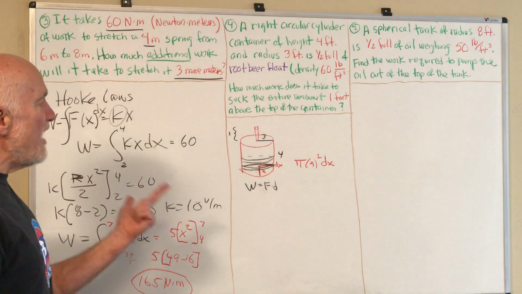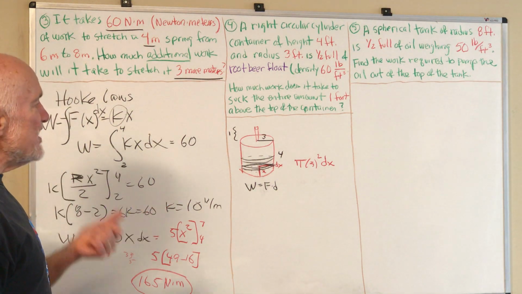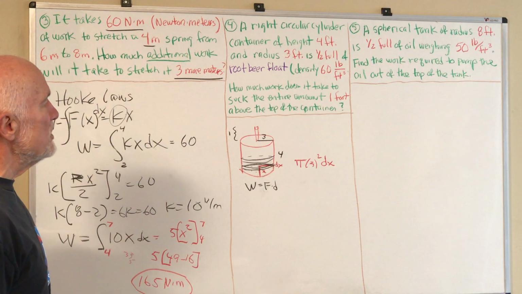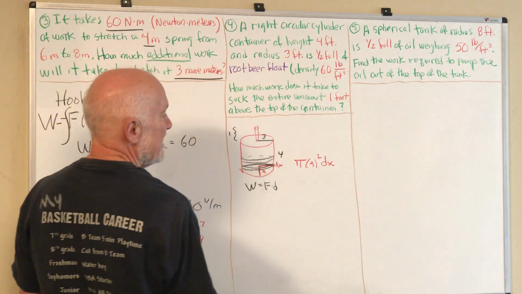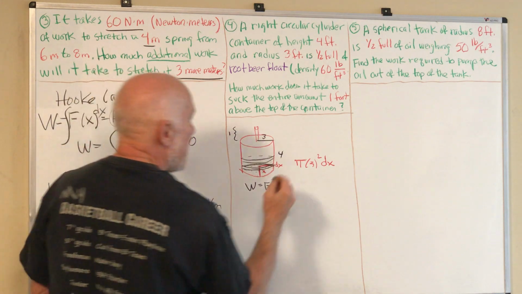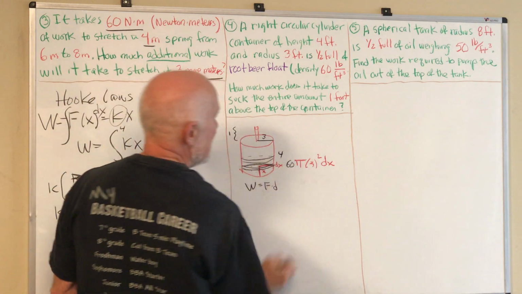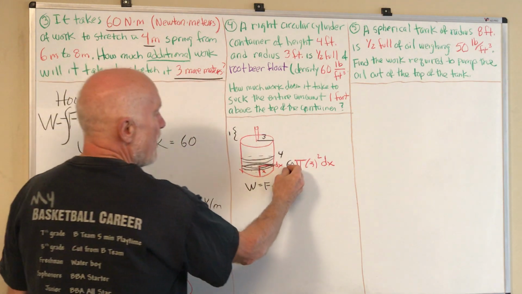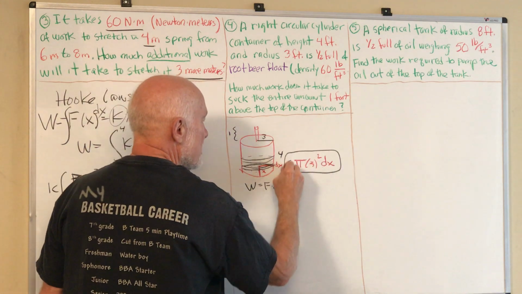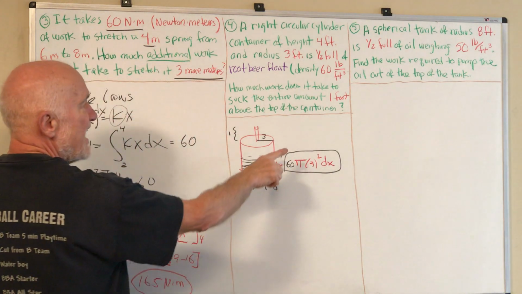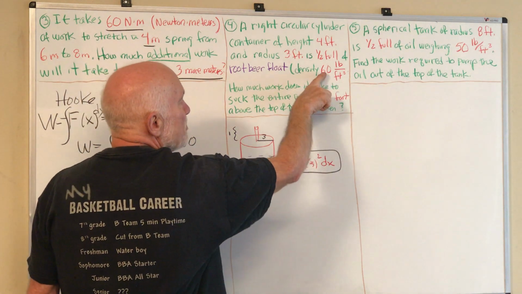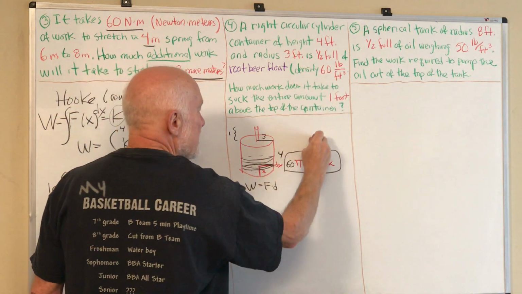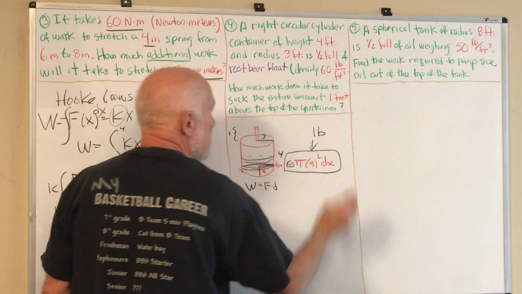So that's the volume, but to actually get a force or a weight, we have to take that volume and multiply by the density. So if I multiply this by 60, now I've got a force, because it's taking the number of cubic feet and multiplying by pounds per cubic feet, which means that this is going to be in pounds.